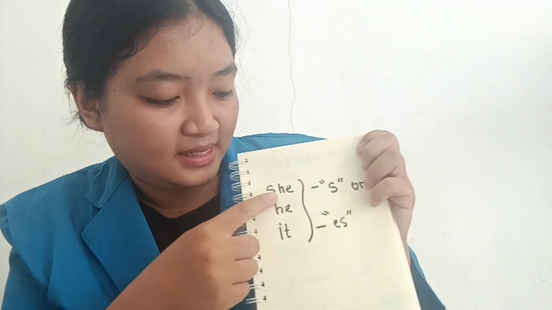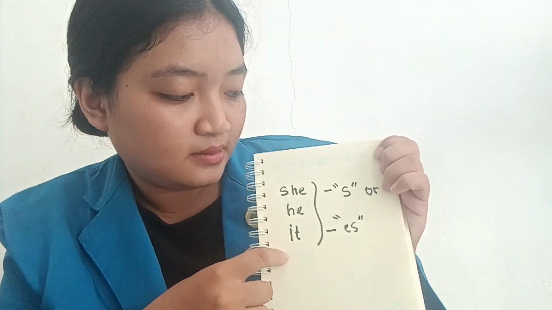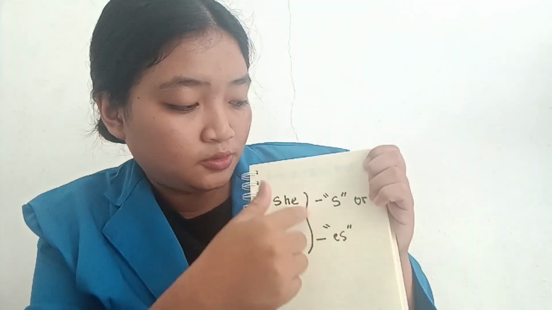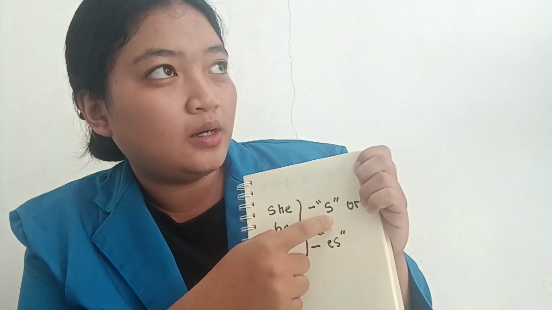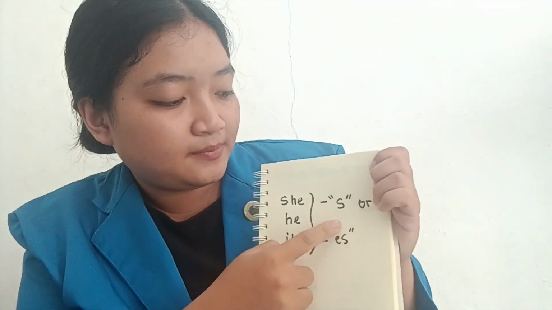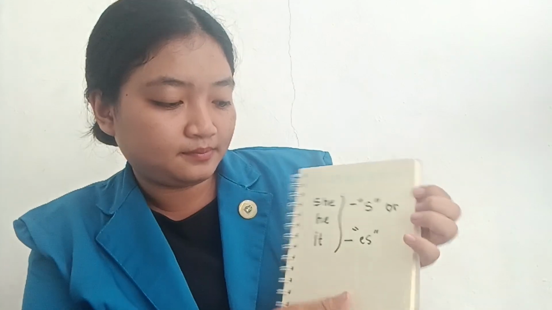If the subject is she, he, it, the verb takes s or es. When the subject is I, you, we, they, the verb remains in the base form.